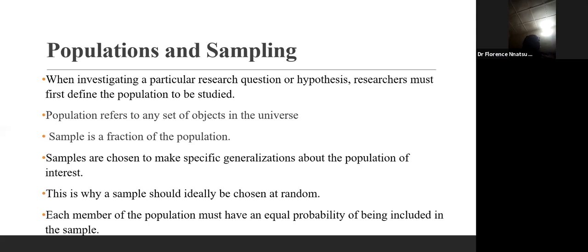Let's say, like in a prostate case of a patient, whereby you want to know the quality of life of patients in the oncology or urology department, you need to define your subject. That is your set of objects when you are carrying out population.